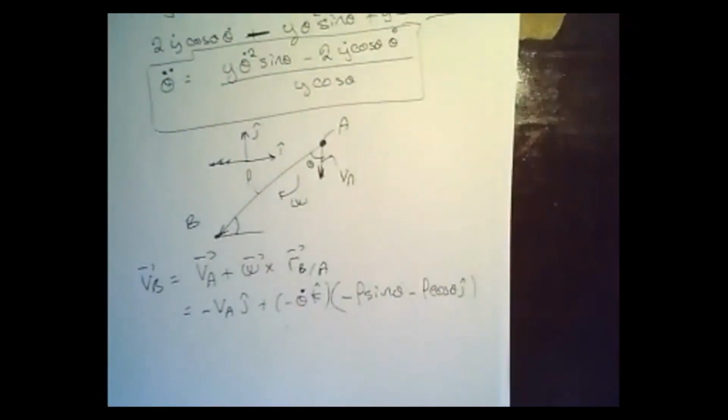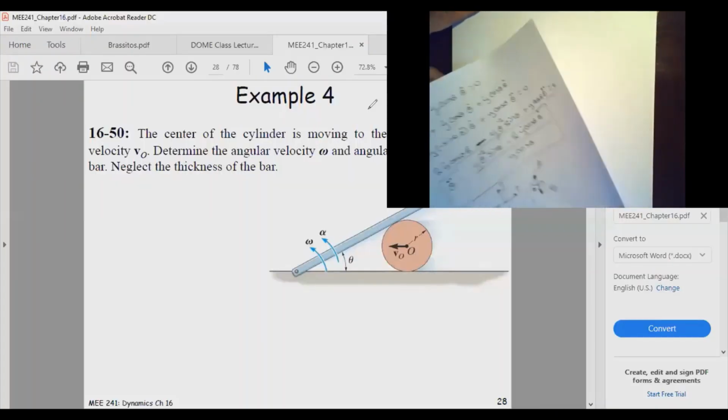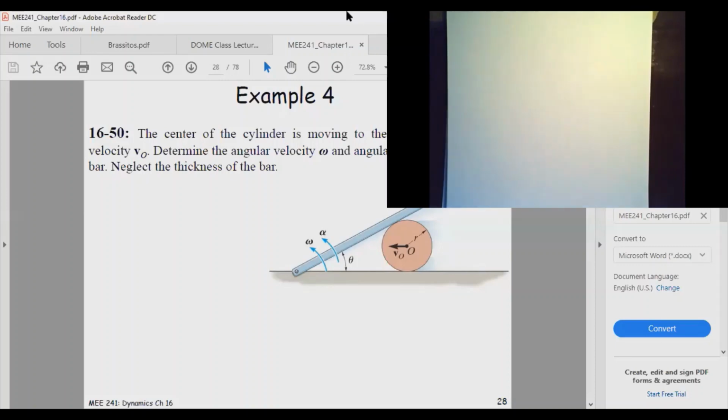Let's continue with another problem right now, and I'm going to jump to example 4. So let me share this, and then this is example 4. What we have over here is this wheel, and that wheel is rolling.